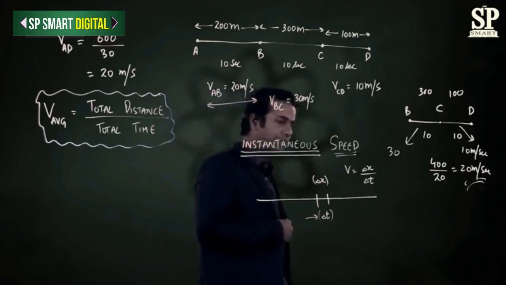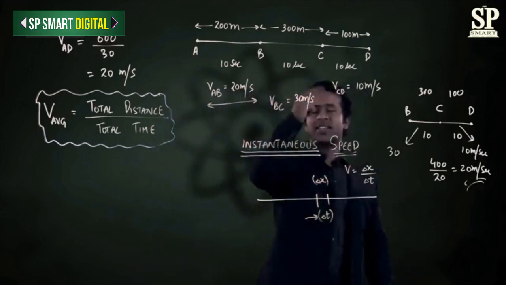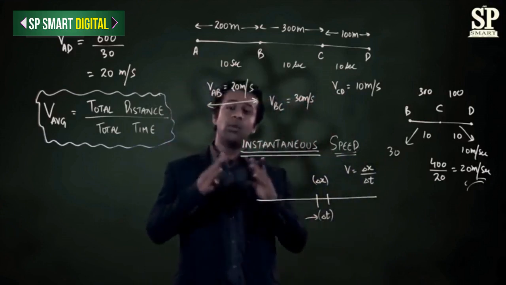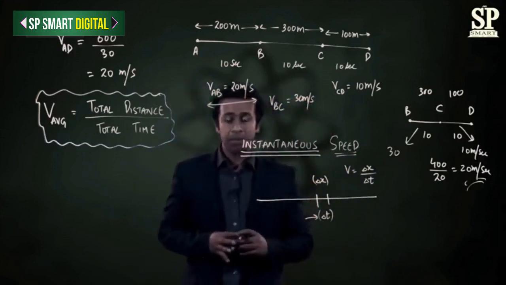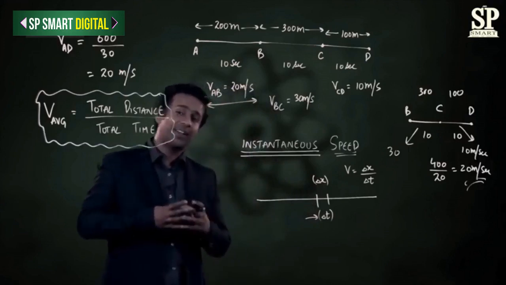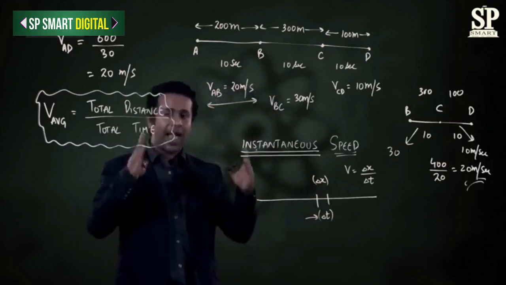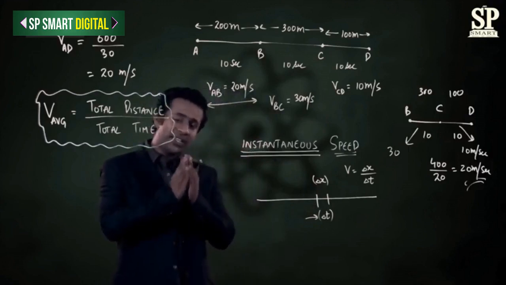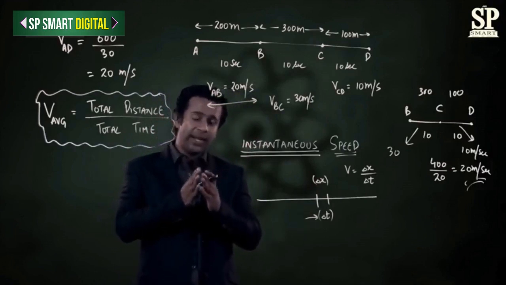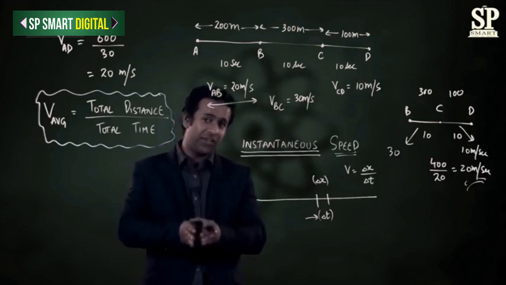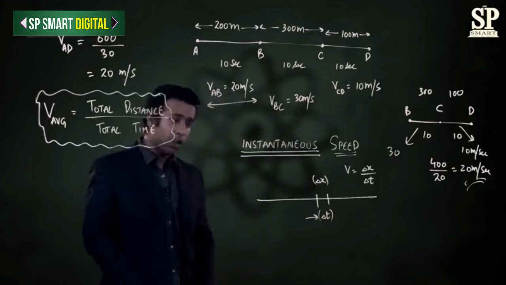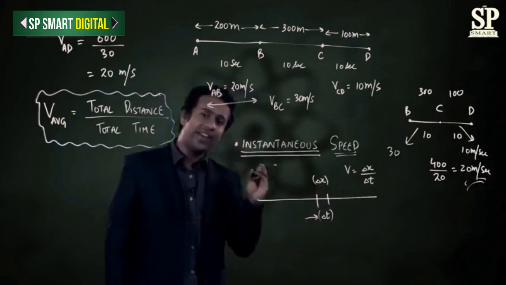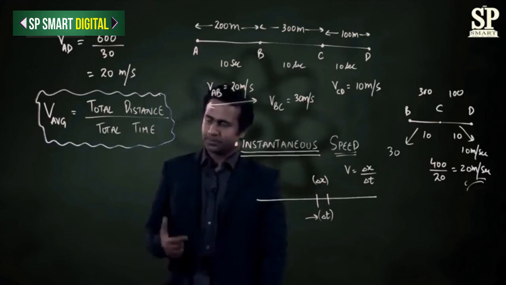Now, how does this help? Look at this example to understand this. The bigger the interval, the more the variation in speed, because you cannot be sure that the speed is maintained. So as you keep making the interval smaller, you can be sure that you are measuring the value of speed which is being maintained at this very instant, right? So to find instantaneous speed, we need to measure it over a very small interval, right?